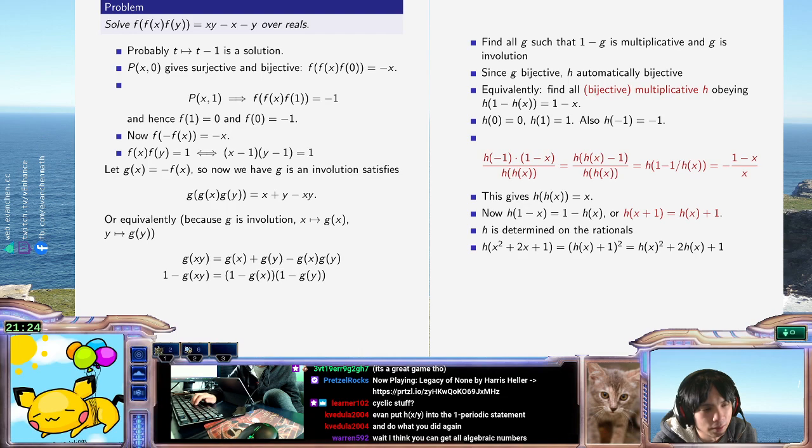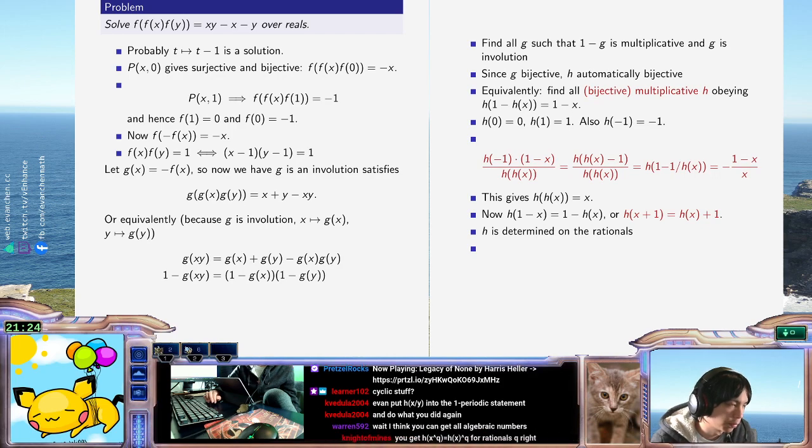I think algebraic numbers. Put h of x over y into the one periodic statement. Wait, what? I think you can get all algebraic numbers. I agree. h of x to the q equals h of x. Yeah.